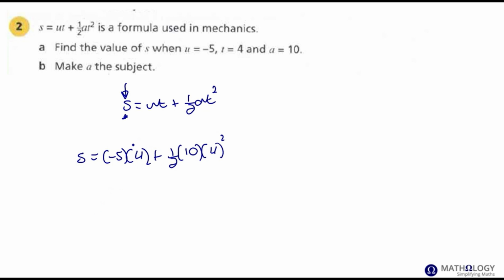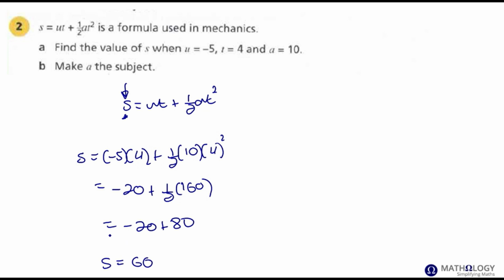So always use brackets and always obey BODMAS. So S equals minus 5 times 4 is minus 20 plus a half times 4 squared is 16. 16 times 10 is 160. 160 times a half. So let's just put 160 in there now. So that's minus 20 plus half of 160 is 80. So S equals 60.